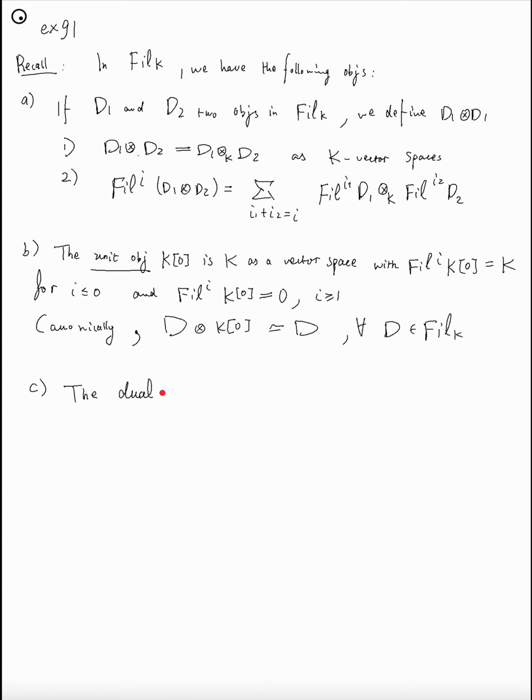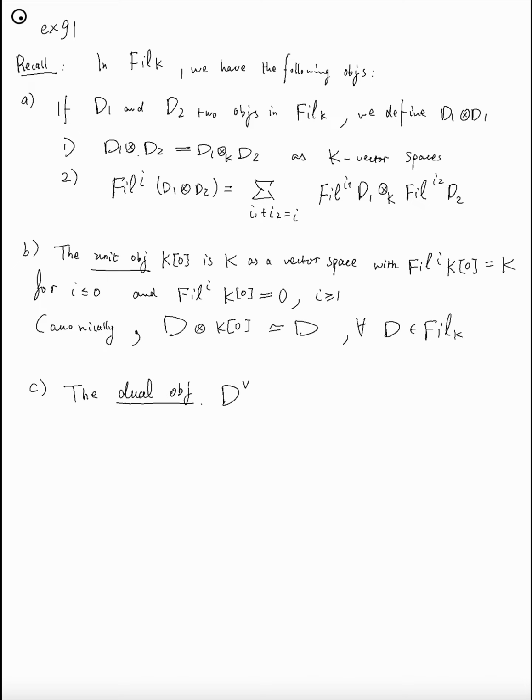This is really by our convention, how to define the filtration on the dual. Of course, we define the filtration in order to satisfy something. Basically, we define the filtration in a way that we have to make sure the unit object's dual is isomorphic to itself.